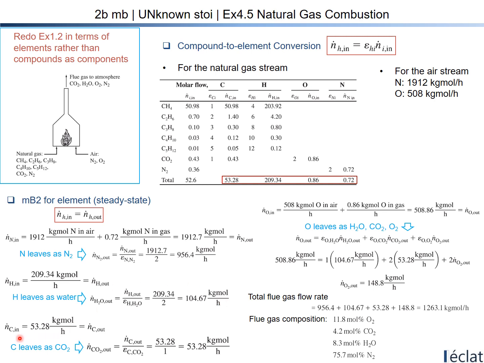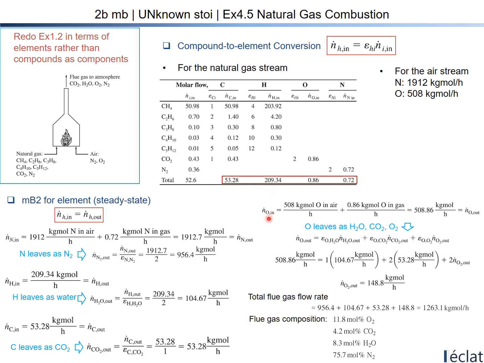Let's go to carbon, and here is the carbon flow rate, which can be considered as the upstream. Then carbon leaves as CO2, and CO2 has just a single carbon. Then this value 53.28 is the carbon dioxide flue gas flow rate in the upstream.